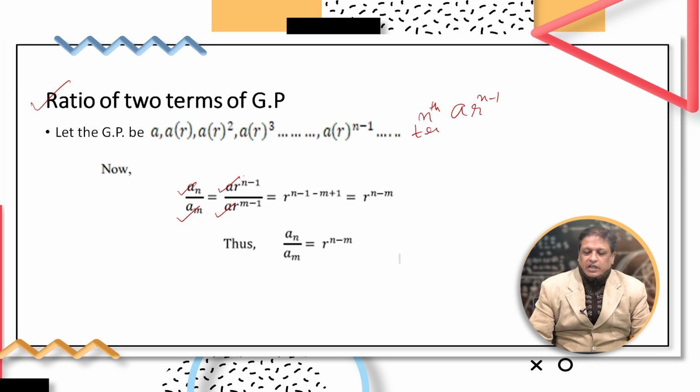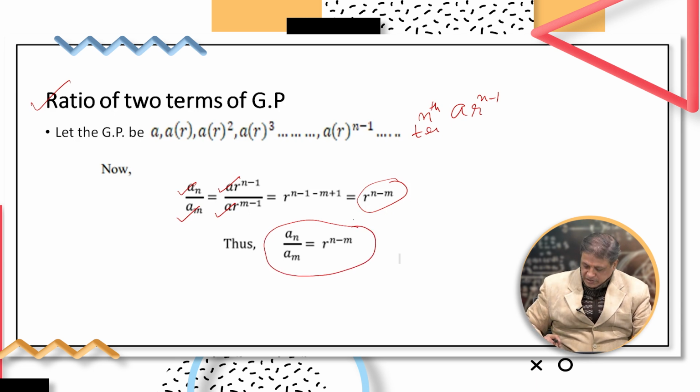Here a and a cancel from numerator and denominator, and rearranging the exponents, you will find it is r to the power n minus m. So, the ratio of two terms in a geometric progression, an by am, is equal to r to the power n minus m.